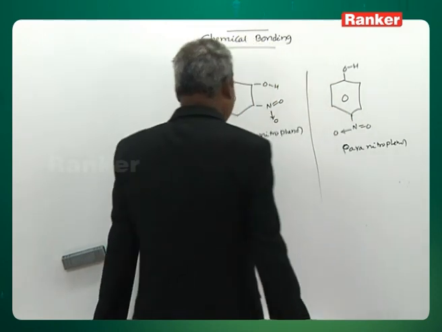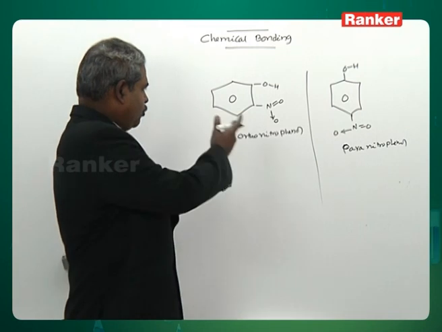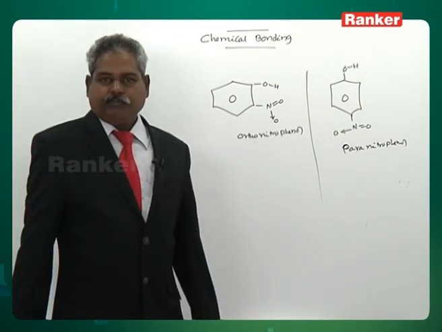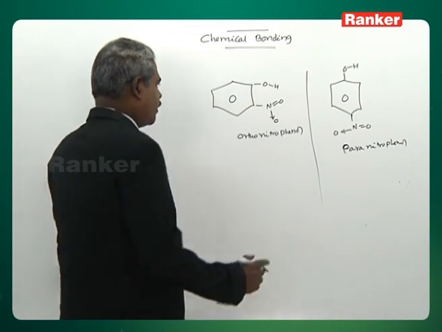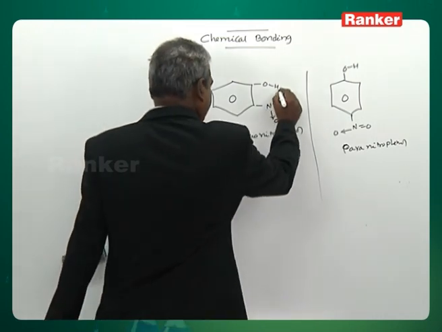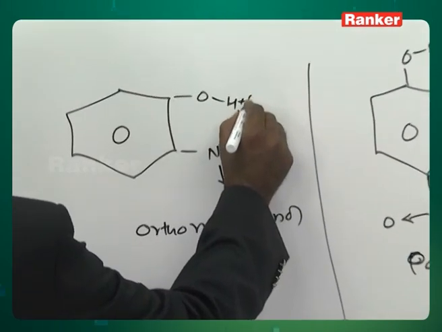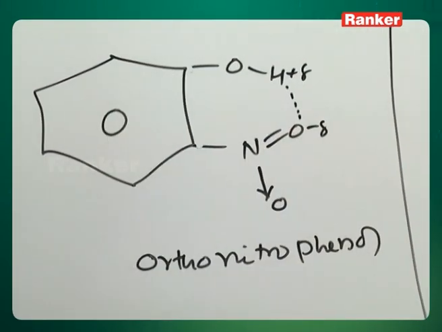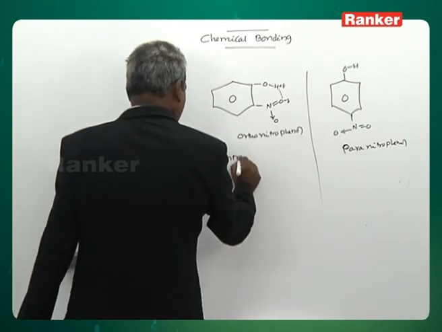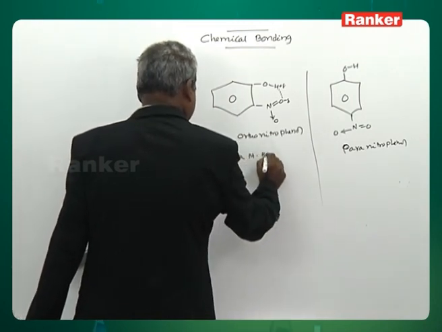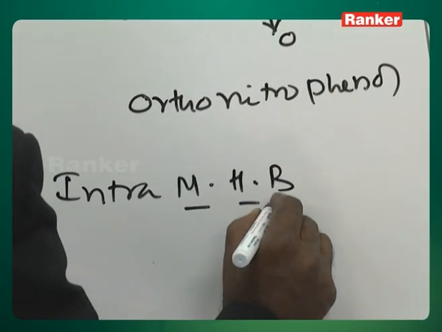Look here. Whose boiling point is more? Both of them have the same formula, both have the same molecular weight, but here you have attraction between H plus delta and O minus delta. This is called intramolecular hydrogen bond.